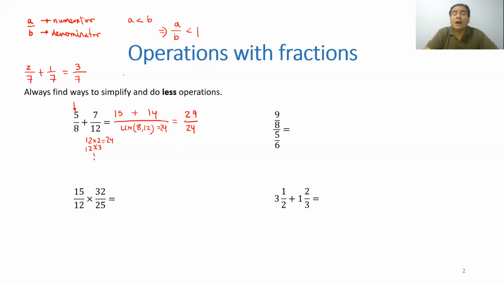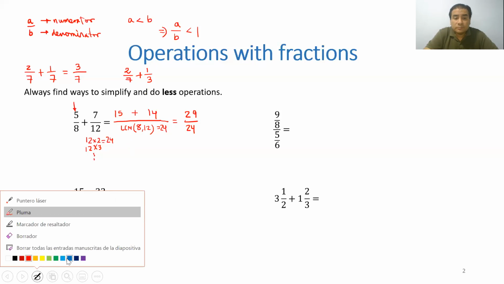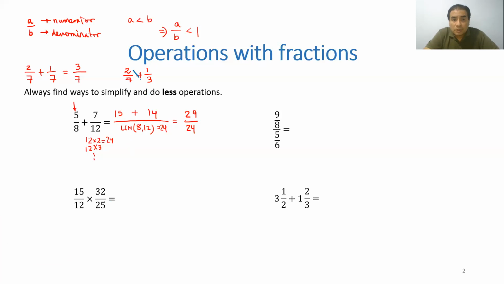Sometimes when fractions are numbers with numerators and denominators not small enough, then we can try this method. For example, let's say that you want to add 2 over 7 plus 1/3. So we can do a special operation here. We would perform a cross product in that way, following the arms of this cross, 2 times 3.